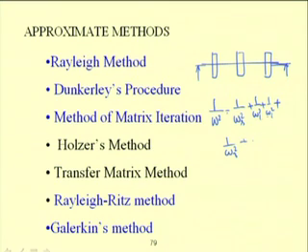Here omega 1, omega 2, omega 3 are the natural frequencies of the system when the shaft is considered to be massless. This omega s is the natural frequency of the system when one considers the mass of the shaft in the absence of the disks.